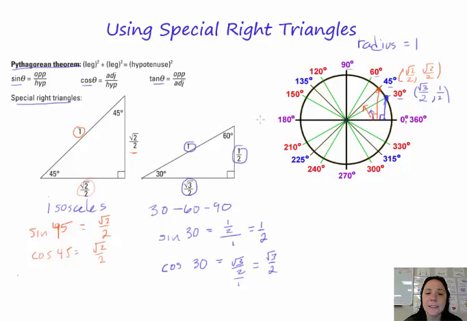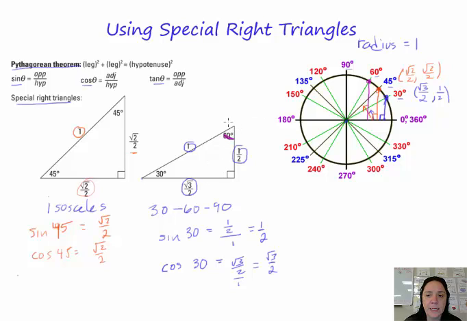Now if I look at the 60-degree angle, I have a 60-degree angle right here. In fact, let's grab a different color for it. So if I look at my 60-degree angle, the triangle I form here, then I am considering the sine of 60 to find the vertical height.